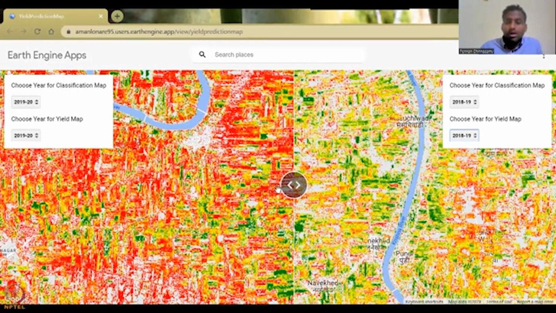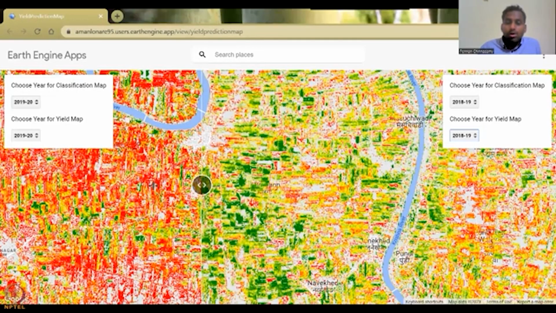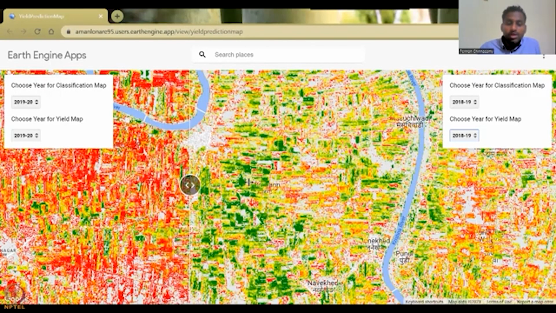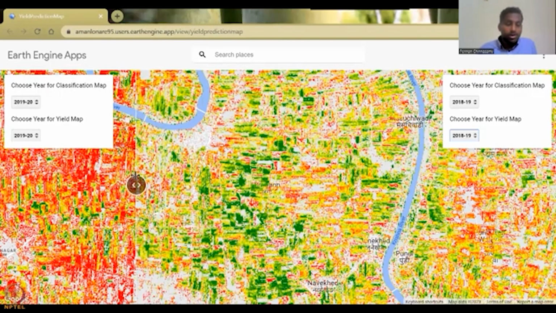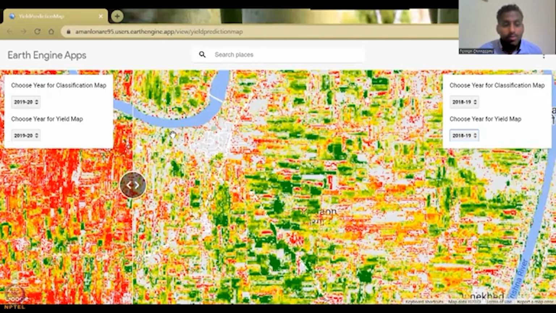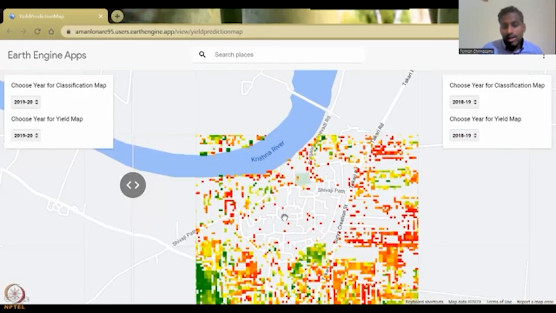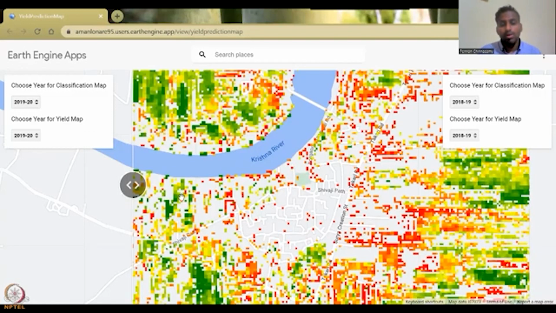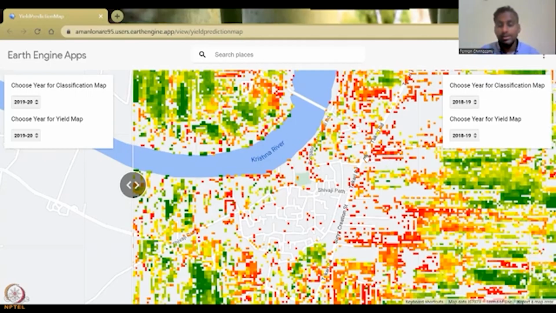For example, now you can say that along the river there has been good benchmarking, so that it's not fully populated along the rivers. There is some space, and different crops are growing. The white land reflects the urbanization, and the crops are green and red depending on the crop type and yield.